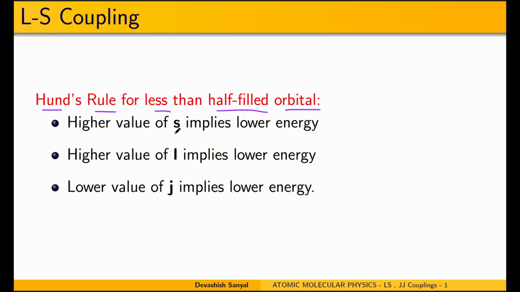The higher the value of S, the total spin quantum number, the lower the energy. The higher the value of L, the lower the energy. And the lower the value of J, the lower the energy. The S rule will be the most dominating, then comes L, and after that comes J. So this is for less than half-filled orbital.